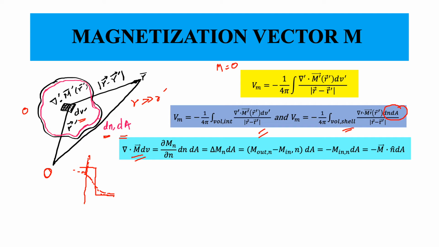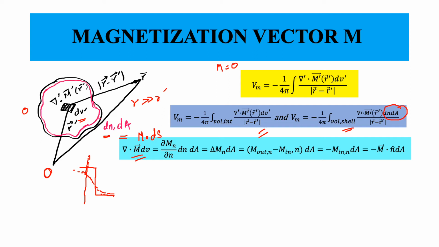If you again apply the divergence theorem, you can convert the integral of del dot M dV into M dot dS, where the integral of del dot M dV is given by the integral of M_n dS.